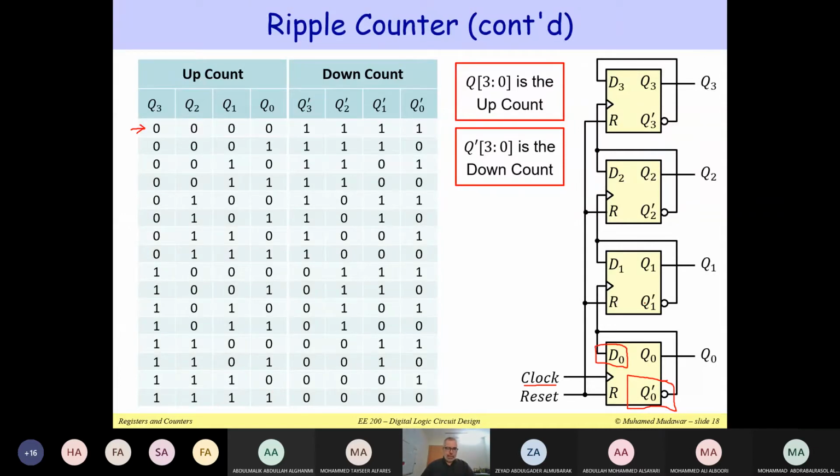Now let us understand Q1. We are connecting Q0 prime to the clock input. This is my clock input here for Q1.